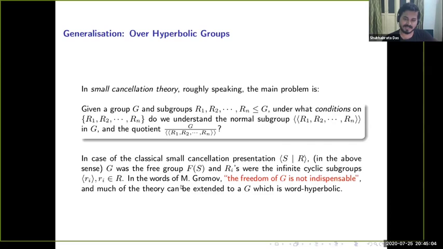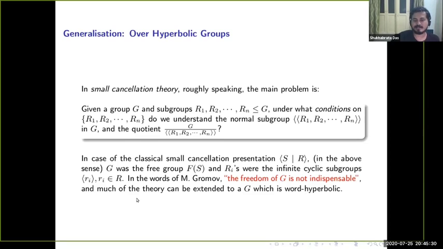In this context, I mention that Mikhail Gromov, in one of his very important papers, Random Walks in Random Groups, mentions that the freedom of G, freedom in the sense that G is free in the classical small cancellation, is not indispensable.